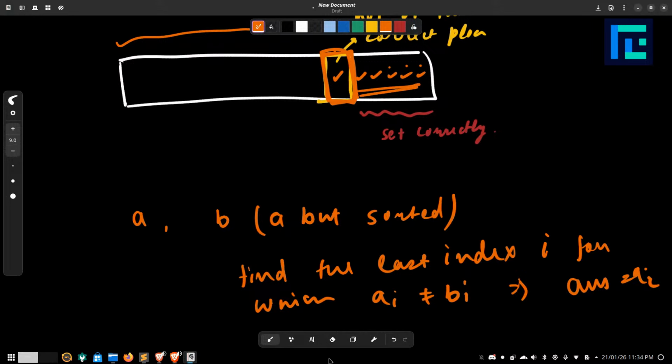To find the last index on which they are not equal, we can just run a simple O(n) for loop starting from the last index and going backwards. So that would be O(n) time complexity, which is well within the time limit. I'll show you guys the code for that.